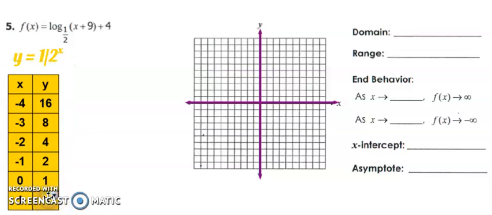And then finally 1/2 raised to the 1 power, or the first power, would equal 1/2. So what I've done here is I've created myself a table for the exponential y equals (1/2)^x.